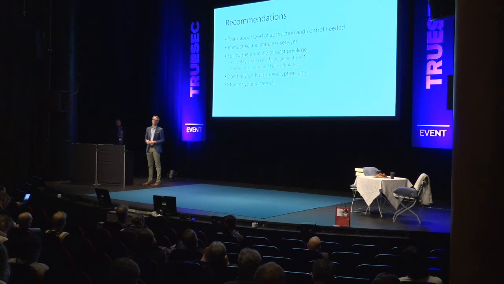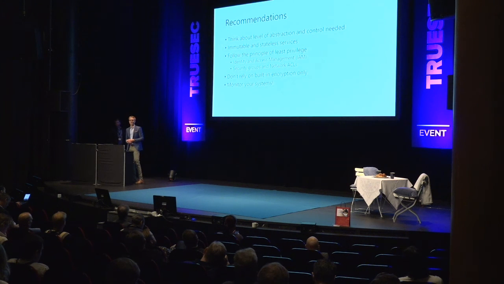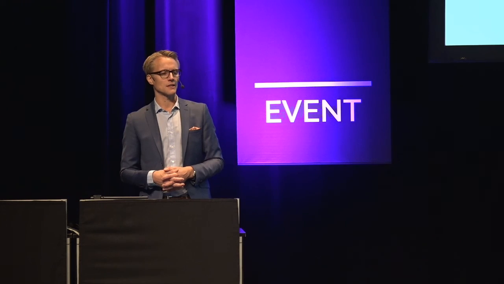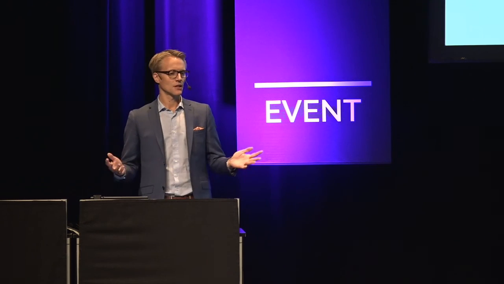And don't forget to monitor your systems. There are going to be other talks about security monitoring and implementing secure monitoring in your organization. But just so that you've seen that there is some functionality built into CloudWatch, for instance.